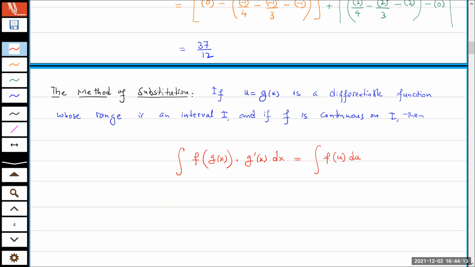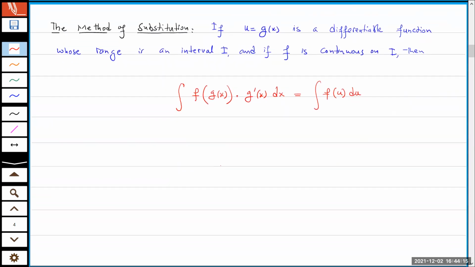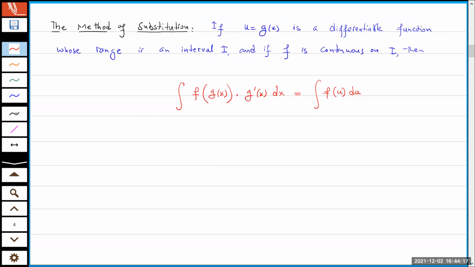Let me write an example, and you'll see what it exactly means then. Suppose we are doing this indefinite integral of 2x e to the x squared dx. Now you see, this is not a standard integral, and we haven't done that before.